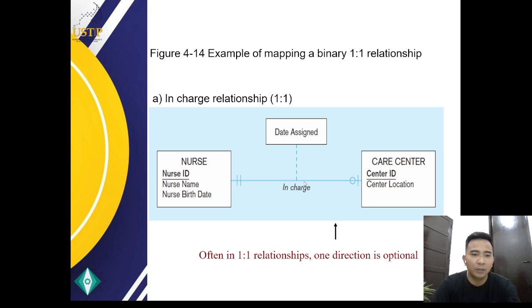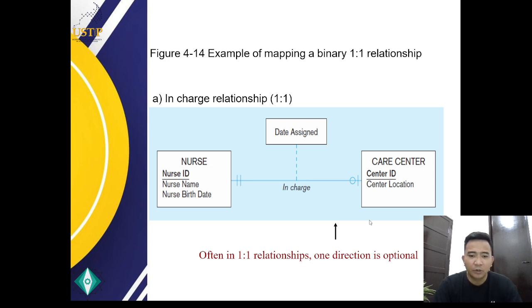Okay, so if we are going to map the relational database in a one-to-one relationship, one side is optional, meaning that an instance of one entity can exist without being associated with an instance of the other entity.